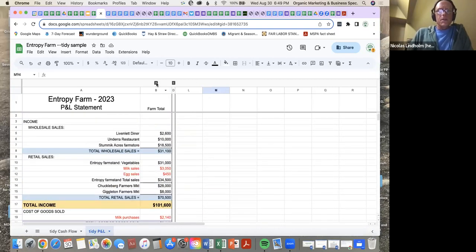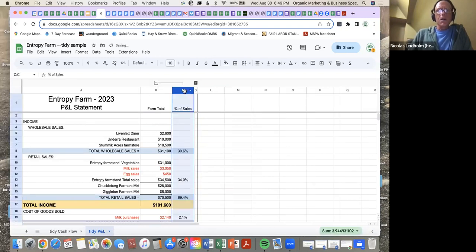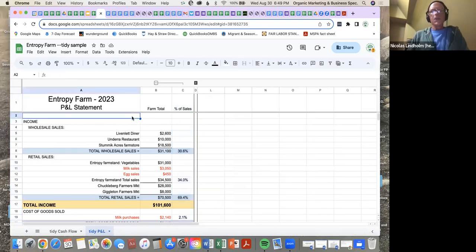And the first is this column C. And this is really cool information. And I encourage you, once you get a chart of accounts, and in this case, your P&L statement organized, start looking at what the percentage of sales is for different, especially major categories.